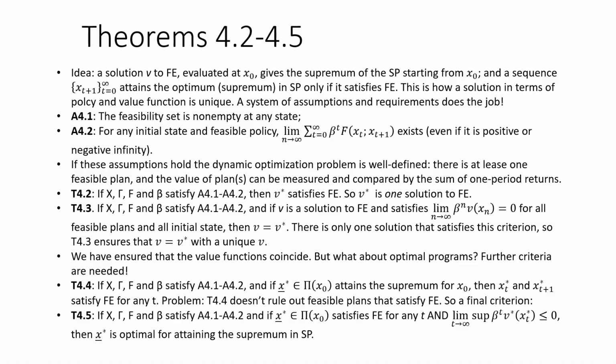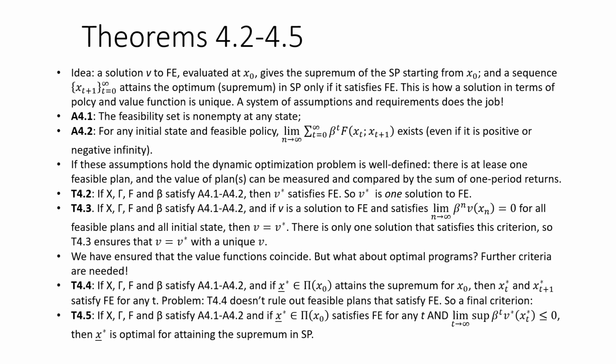Now let's see what we can do about ensuring that solutions to the functional equation and solutions to the sequential problem coincide. So the main idea, the leading idea is straightforward.